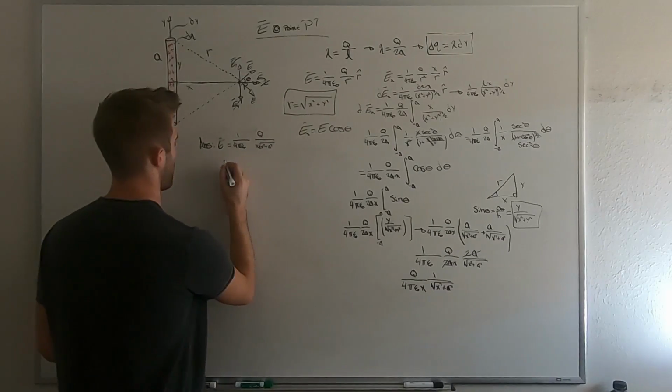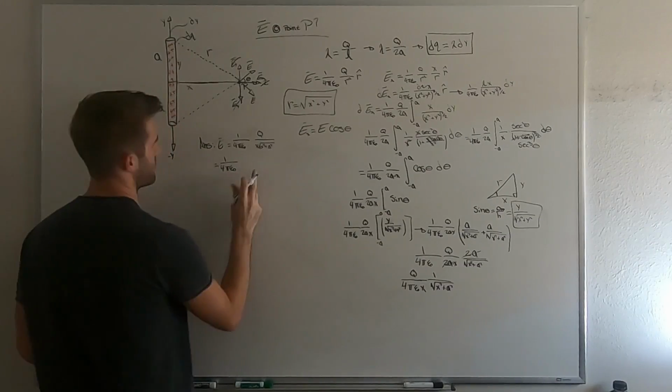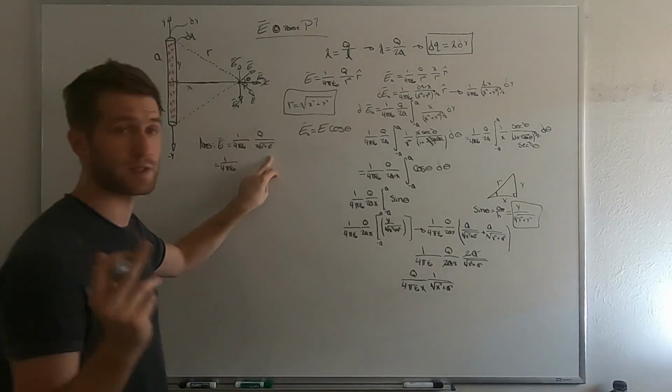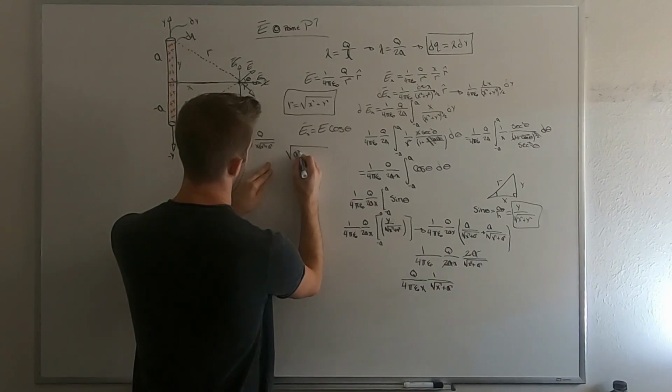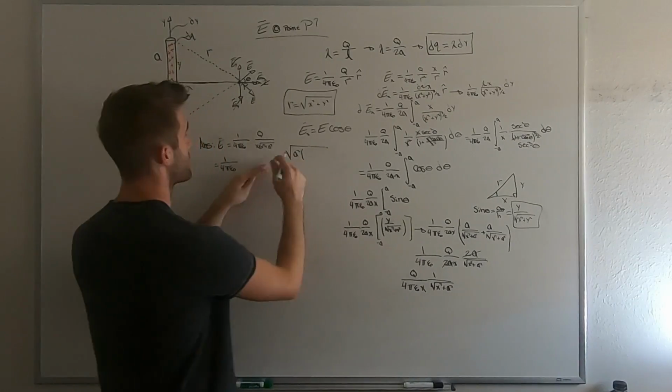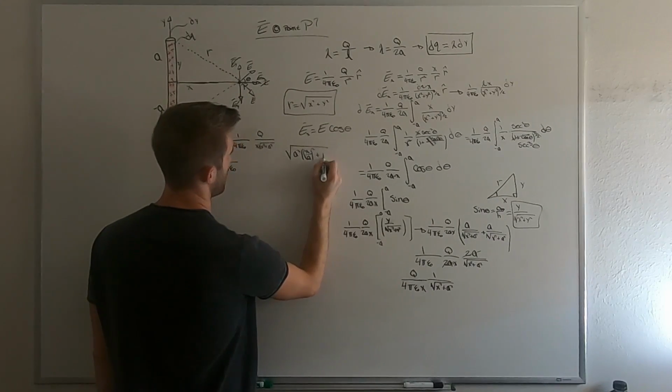So we're going to have this equal to 1 over 4 pi epsilon naught. What we want to do is factor out an a squared from that radicand. So that's going to be a squared factored out, and we have x over a, squared, plus 1.